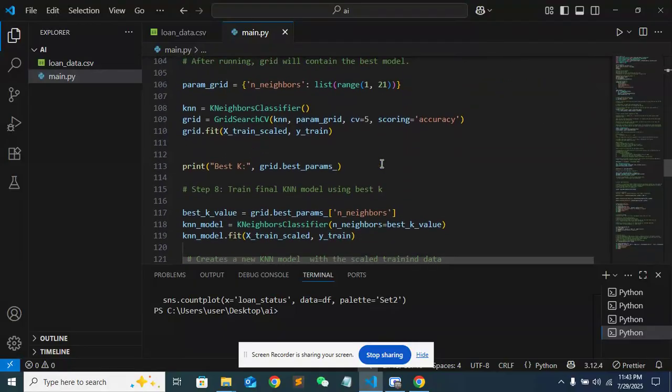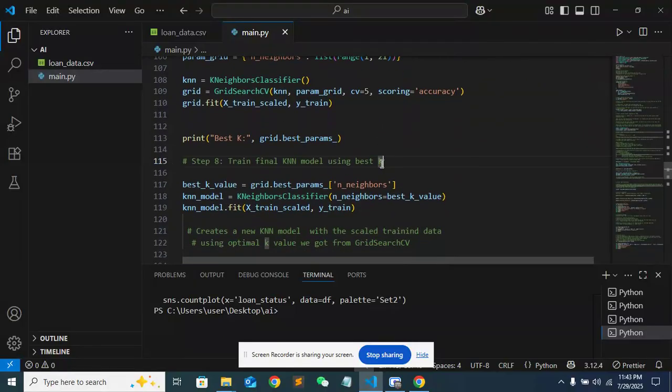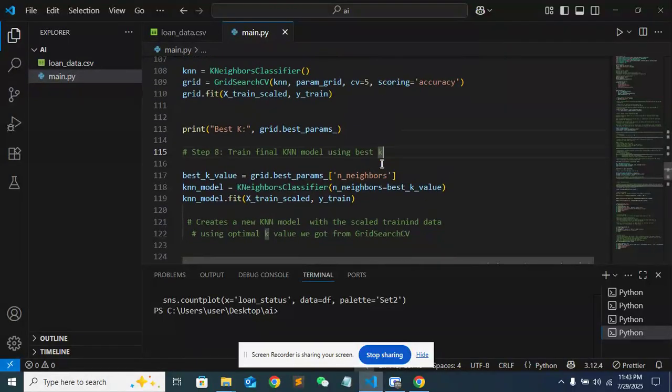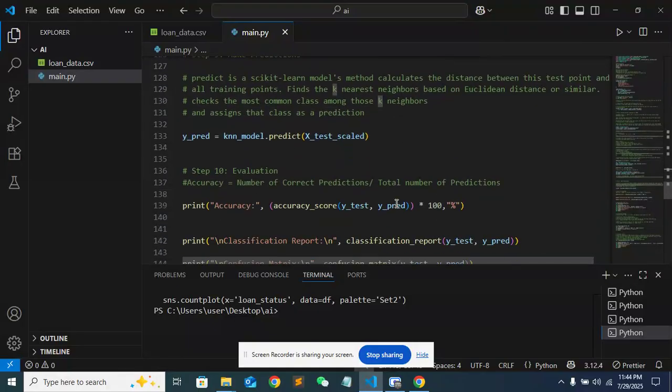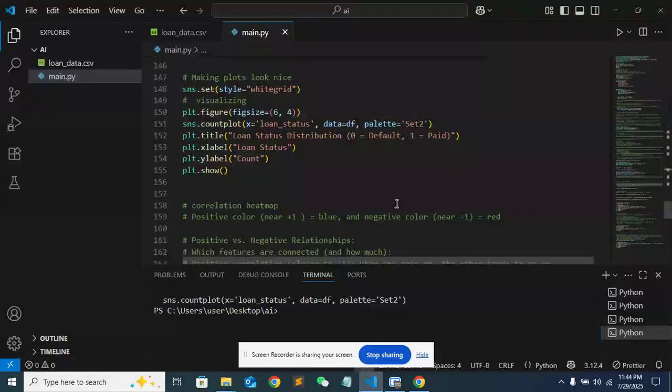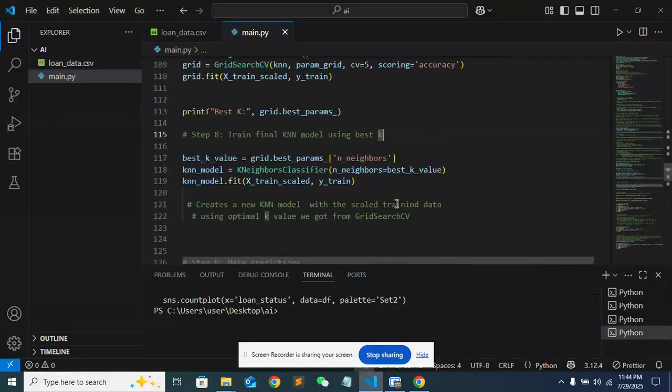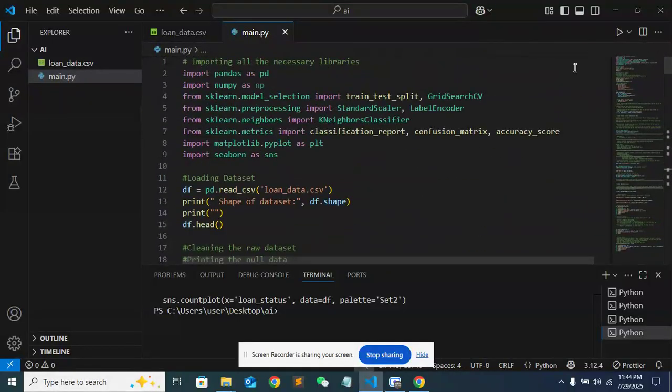That's what it does multiple times, and that's how we do the cross validation and figure out the best value of k. After figuring out the best value of k, we again fit the dataset into the KNN model here. Let's see how this works when we execute the code.